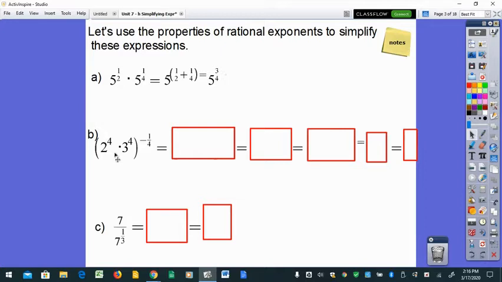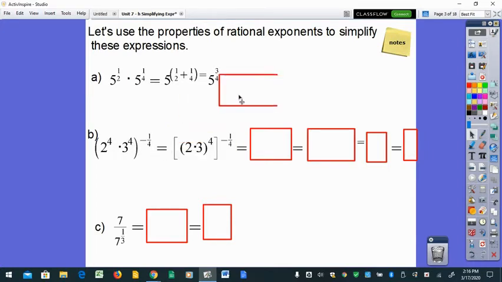As I look at problem B, I'm noticing quite a complicated mess here until I see that both the 2 to the 4th and the 3 to the 4th share this exponent. So I could rewrite that problem and put that 2 times 3 to the 4th power. Now that becomes 6. And 6 to the 4th power raised to the negative 1/4.